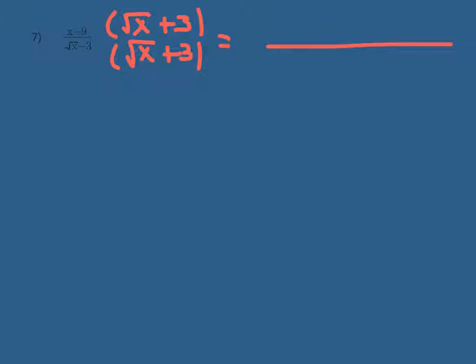So what I'm going to do for now is leave this separate. I'm going to leave this as x minus 9. I'm just going to leave it as, in another parenthesis, radical x plus 3.